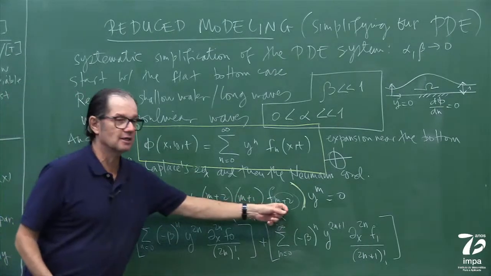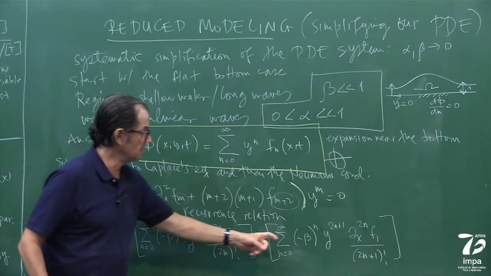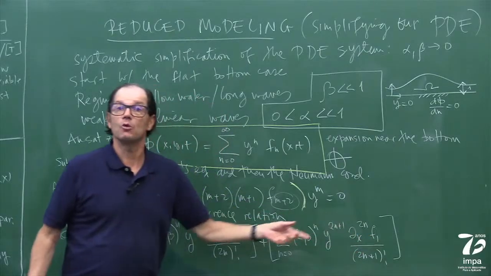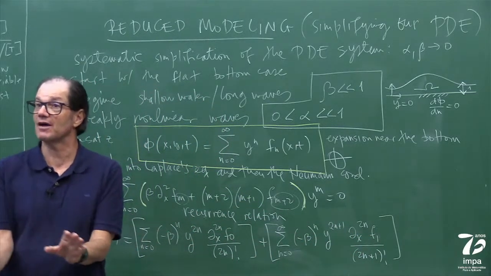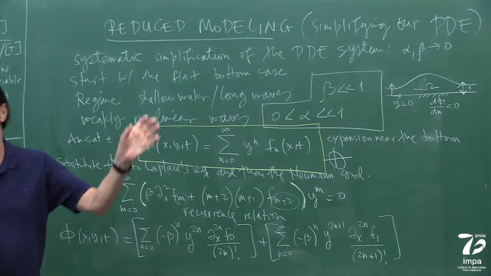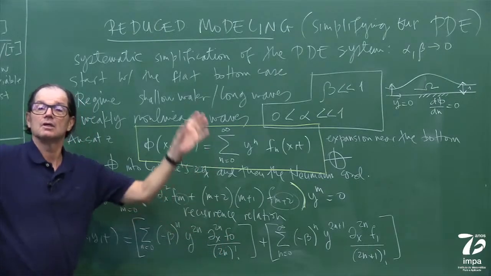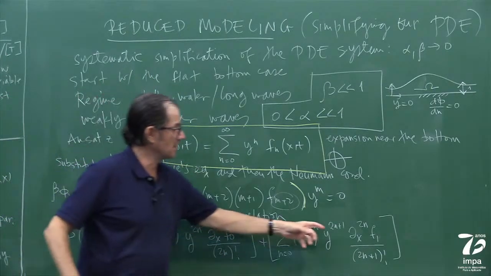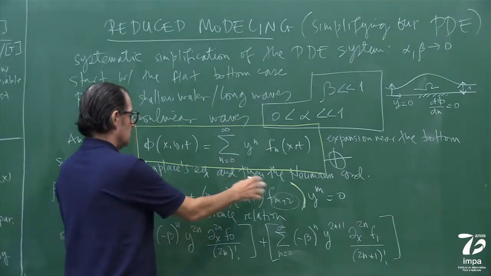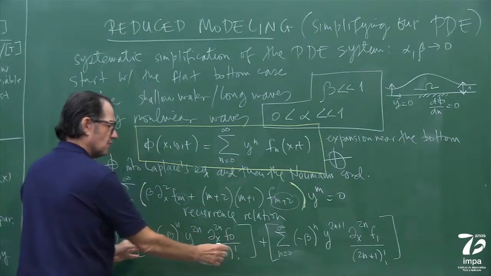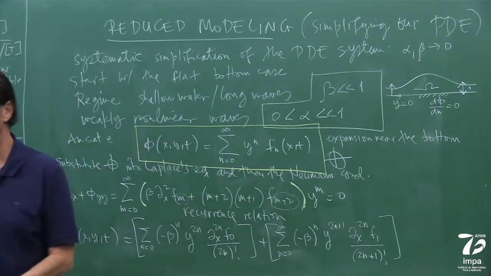So from 0, I get coupling with 2, 2 couples with 4, and the odd ones all couple with f1. So I'm already simplifying things. I can get all the even ones to depend on f0, and all the odd ones to depend on f1. So I formally get the sum of the even terms and the sum of the odd terms.